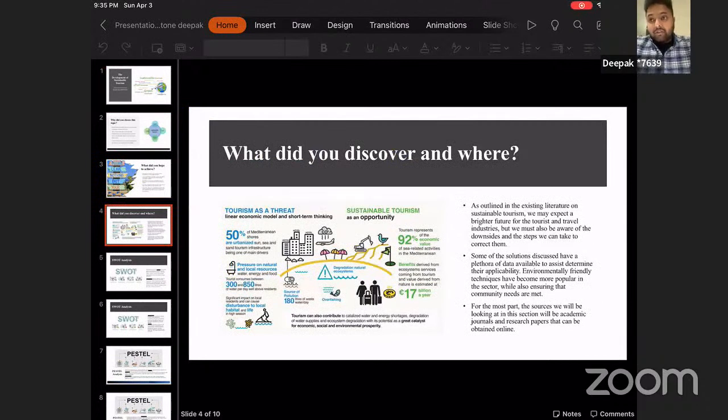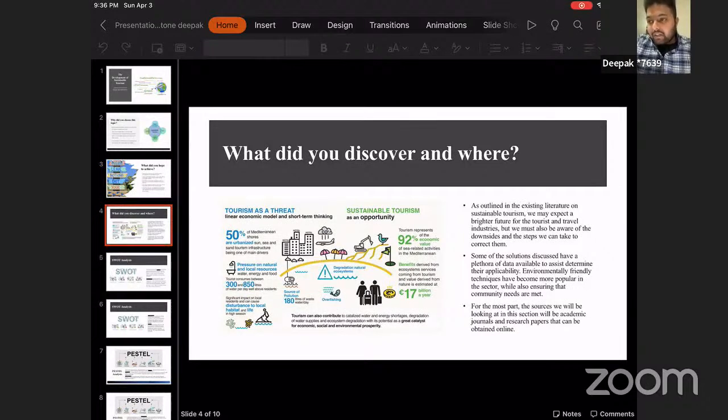What did I discover and from where? As outlined in existing literature on sustainable tourism, we may expect a brighter future for the tourism and travel industry, but we must also be aware of the downsides and the steps we can take to correct them. Some of the solutions discussed have a plethora of data available to assist in determining their applicability.